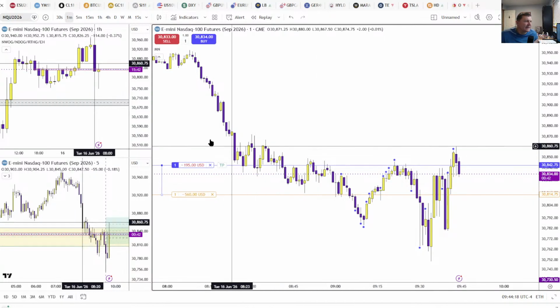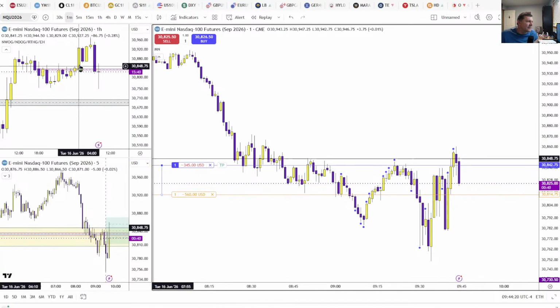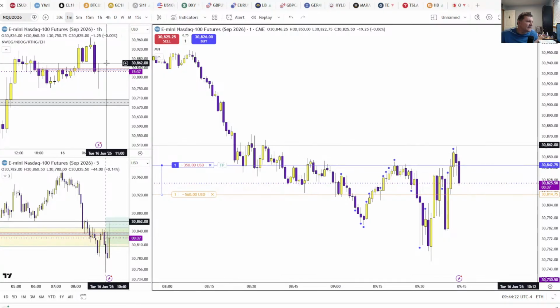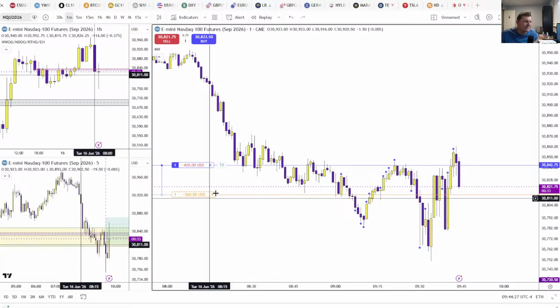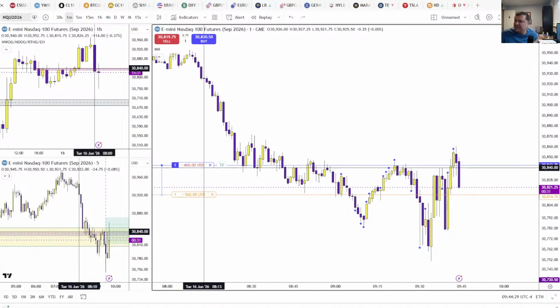Taking these highs out already. We've got back into that premium level there. So if that's all we need, it's just a retest of that low. Send it lower. That should come all the way down now.